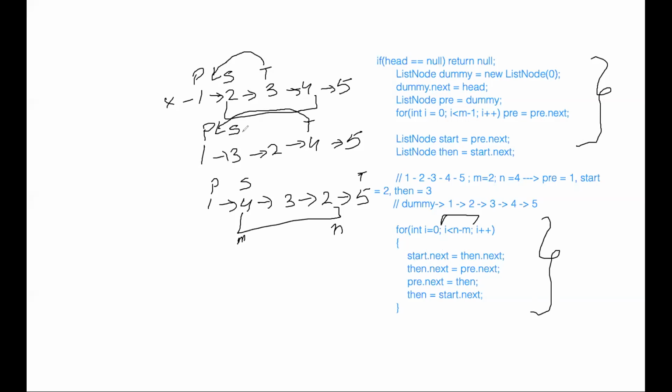In the first step your 2 starts pointing to 4. Then then.next equals pre.next, because then has to go in between, so pre.next should be equal to then.